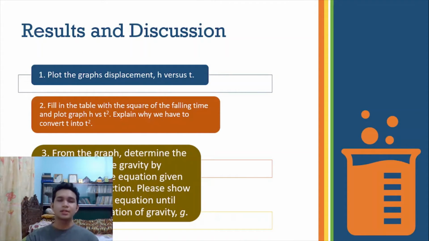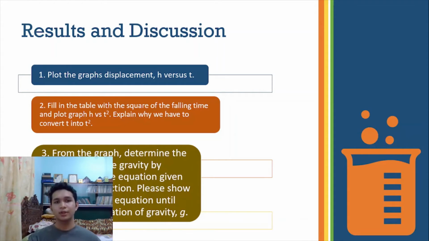Now is the results and discussion for our project. First, we plot the graph of displacement H versus T. Second, fill in the table with the square of the falling time and plot the graph H versus T squared. And then explain why we have to convert it into T squared.